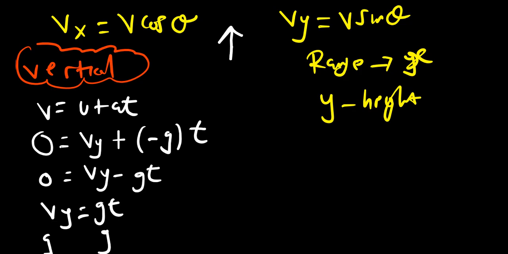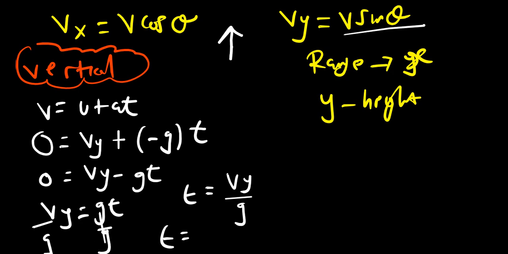It will be something like that, okay? So our t will be equal to Vy over g. Now you know that your Vy is this, okay? So our t therefore will just be equal to V sine theta over g.